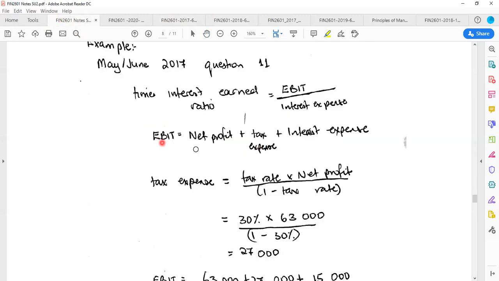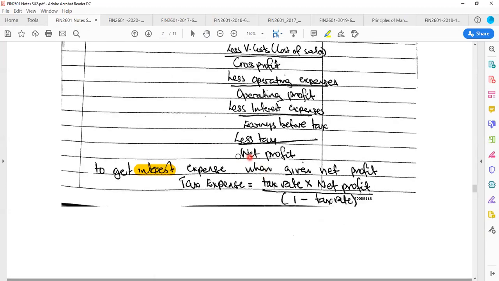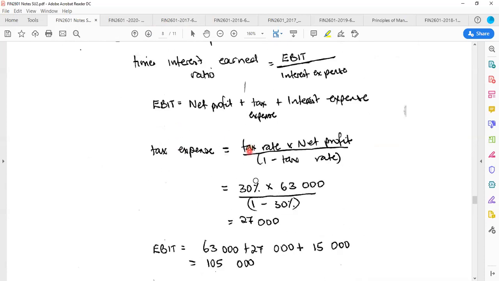Our EBIT is given by net profit plus the tax expense plus the interest expense. We simply start with our net profit, then we add back tax, then we add back interest expense, and that gives us our EBIT, also known as the operating profit. So we were given the net profit and the interest expense, but we were not given the tax expense.